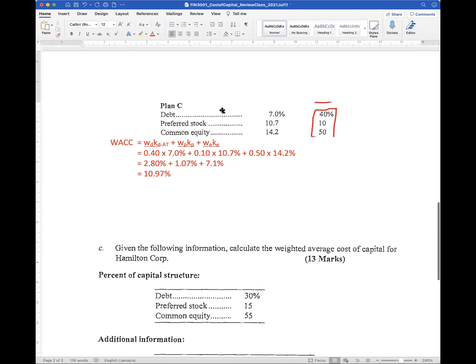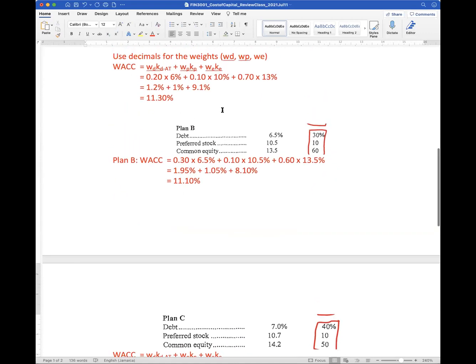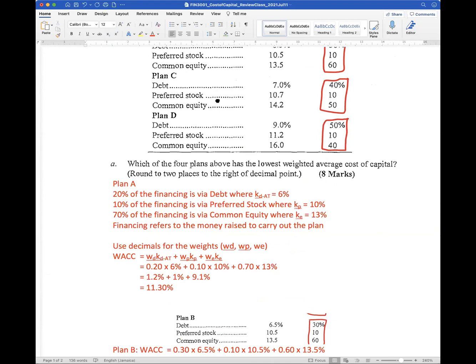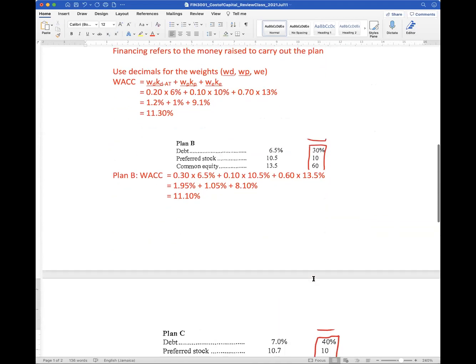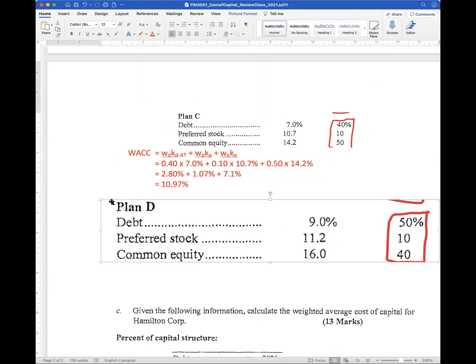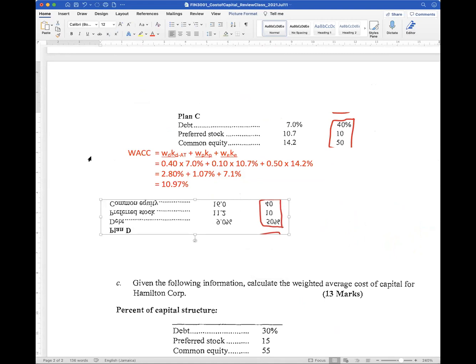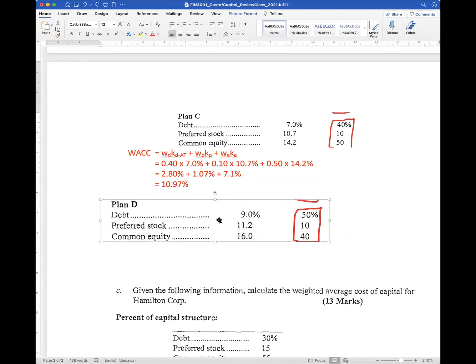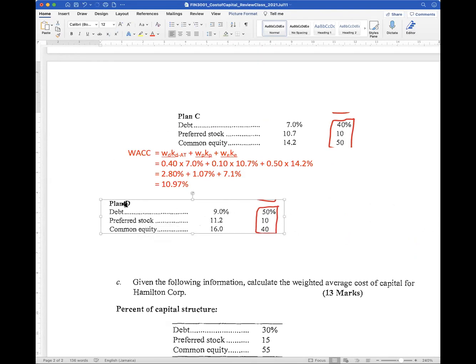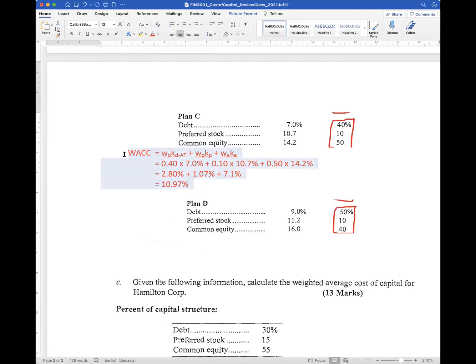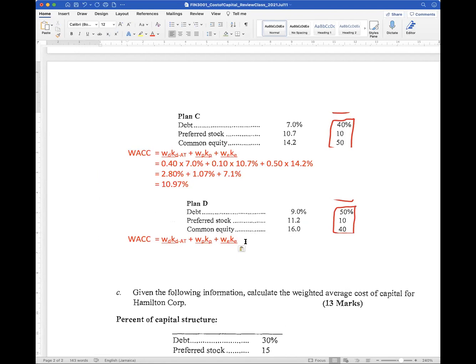Let me just copy the plan D. Since the formula is up top, we can just pick it up.